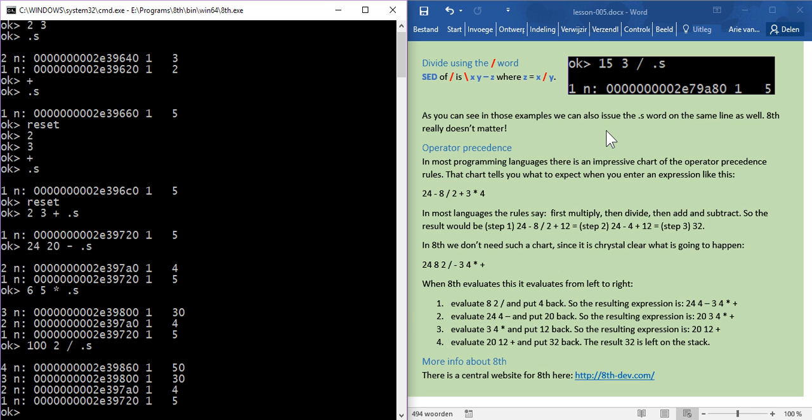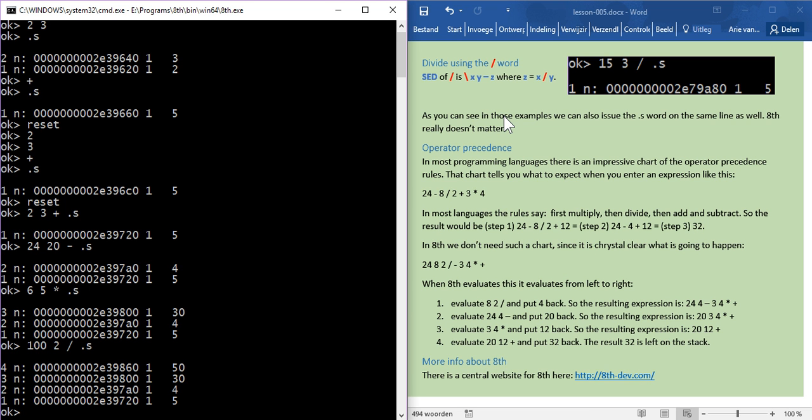On the right hand side I've got this expression where I'll show that: 24 8 2 divide minus 3 4 multiply plus. And it's really evaluating from the left to the right. So it just takes the operator slash, the divide, and divides 8 by 2. That's step 1 of evaluation.